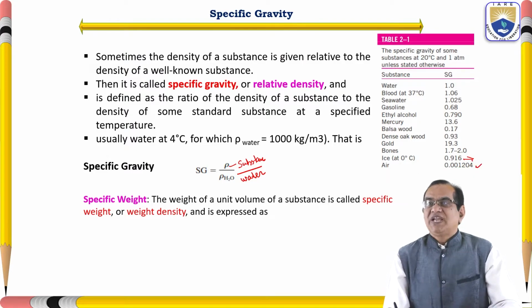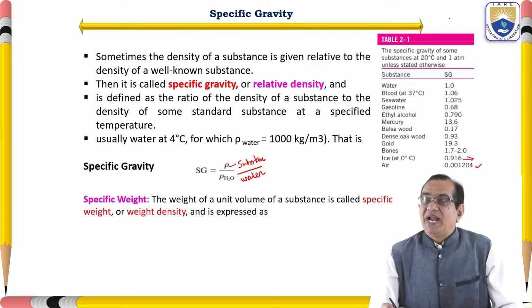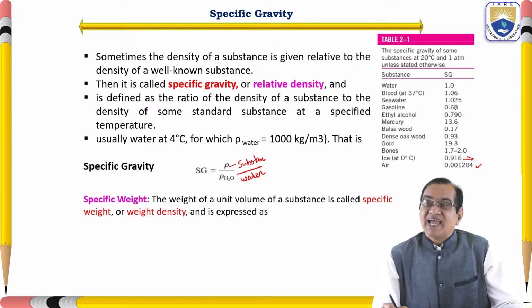And the specific gravity of air is 0.001204. So here we can see that blood is heavier than water, 6% heavier, and seawater is 2.5% heavier than normal water, and your petrol is 0.68, means 28% lighter than water.